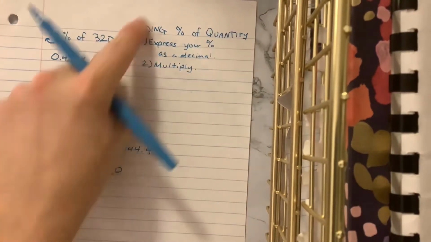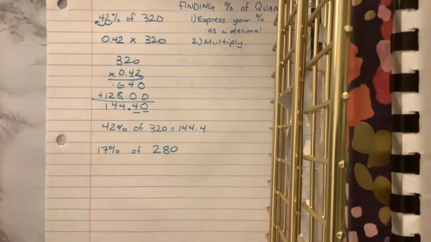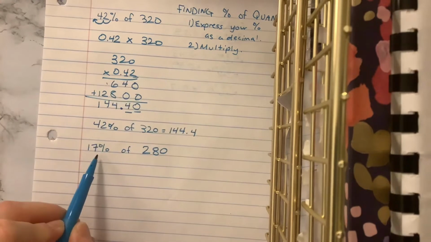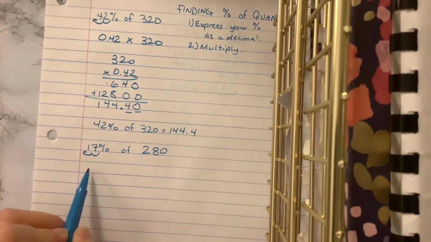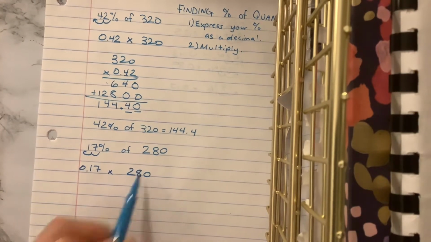So to add these to your notes would not be a bad idea. Okay, so remember, 17% we're going to express as a decimal. Now we have 17 hundredths times 280.